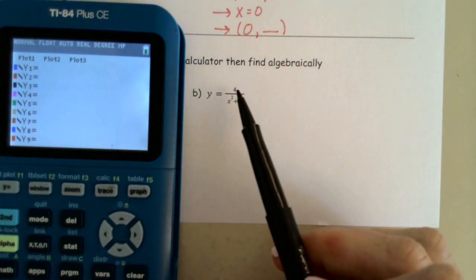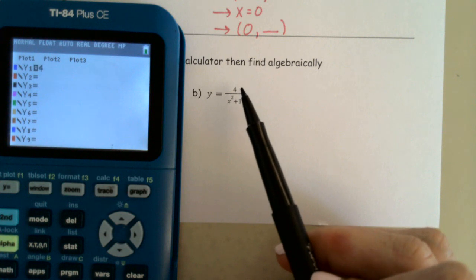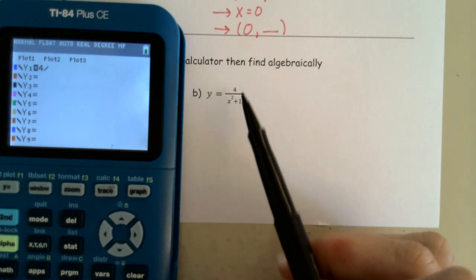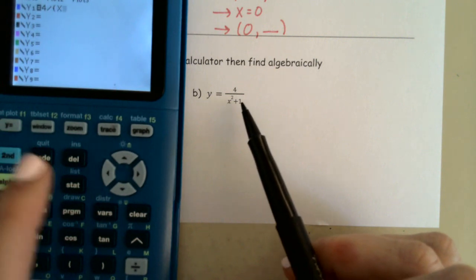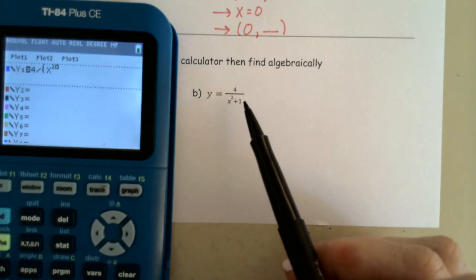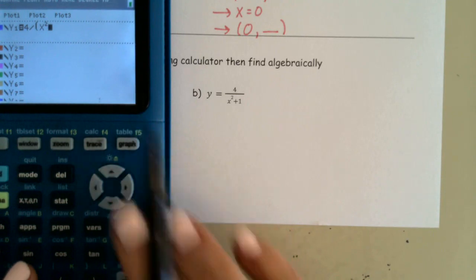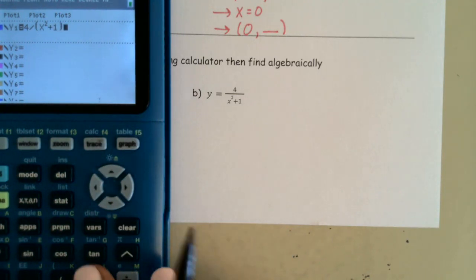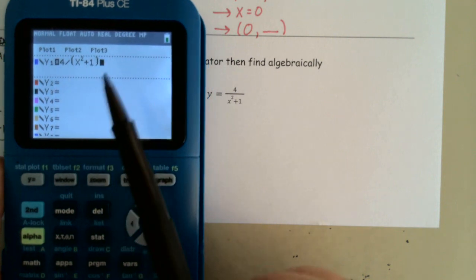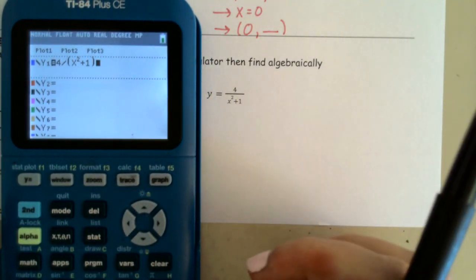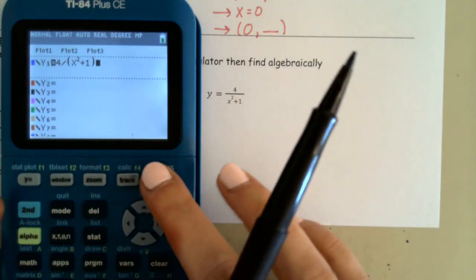Now, on this guy, be careful. We need 4 divided by, in parentheses, don't forget your x button is here, x squared plus 1. If people are having trouble putting things into their calculator and you're finding buttons and they're not seeing them, please help them.